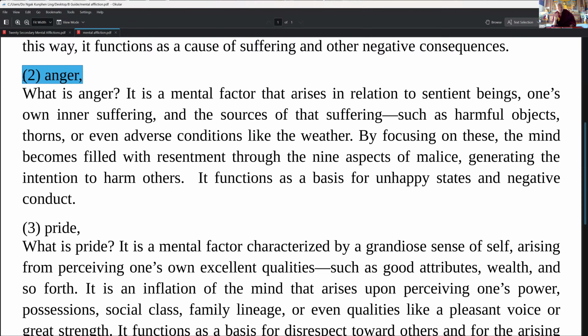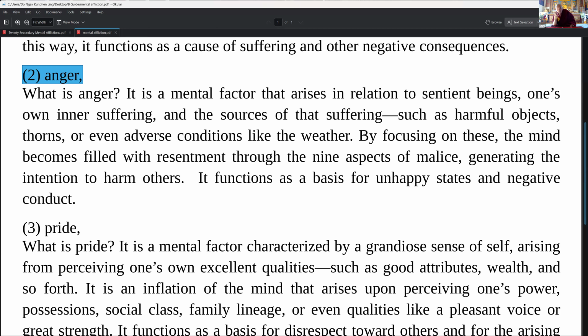And then the aspect of anger, or how we think when anger arises, is described here as seeing a harmful object, such as thorns and so on. By focusing on this, the mind becomes filled with resentment through the 9 aspects of malice.